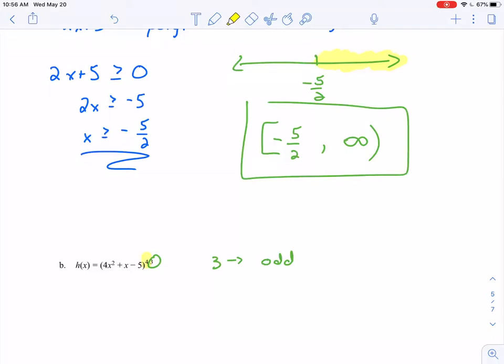And really the short answer is it doesn't, because I can rewrite this if I wanted to. I could rewrite this whole expression, and let me just clean it up here, as 4x squared plus x minus 5 to the 4th power, and then raise that to the 1/3 power.